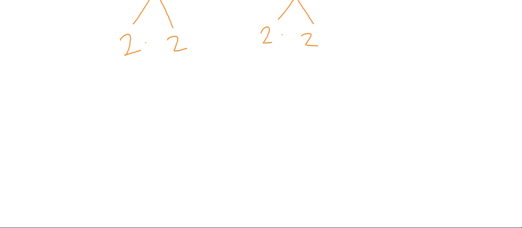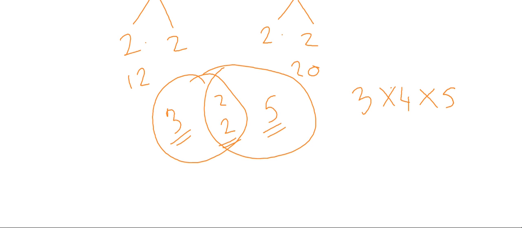And then we are going to draw this. So that's 12, that's 20, and that's 3 times 4. So 2 and 2 are the common, and then 5. So you multiply this, and this, and that gives you the LCM. So 3 times 4 times 5 is the LCM, which is 3 times 4, 12, 12 times 5, 60. So the LCM of 12 and 20 is 60.